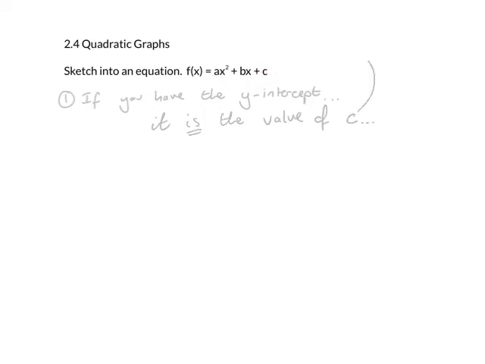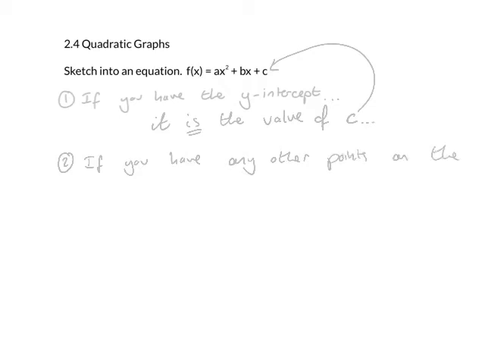The first step, if you've got the y-intercept, is to get that into your equation. So write that down with a in it, with b in it, with x squared, with x, but not with c, with the actual number for c.